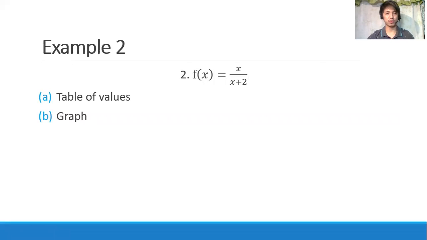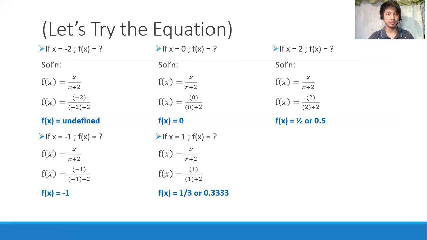Okay, so we move to example number 2. We are going to represent the function f of x is equal to x over x plus 2 using a table of values and graph. We can skip representing this as a mathematical equation because the given is already a mathematical equation. So let's start.